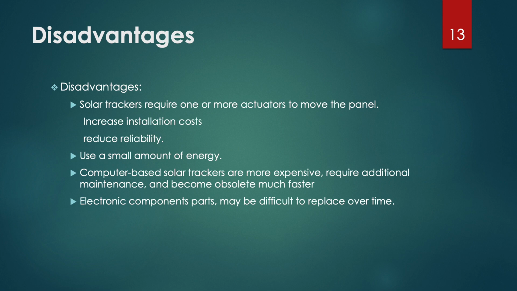An active solar tracking system also uses a small amount of energy, and computer-based solar trackers are more expensive, require additional maintenance over time, and become obsolete much faster. Since they also use electronic components, these electronic parts may be difficult to replace over time.